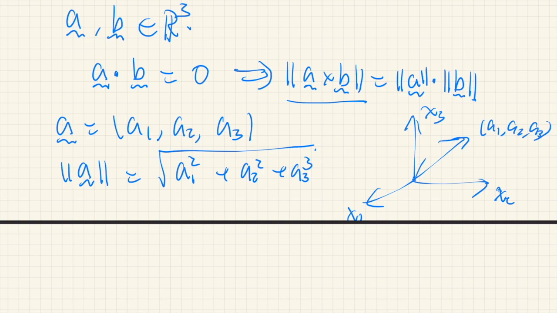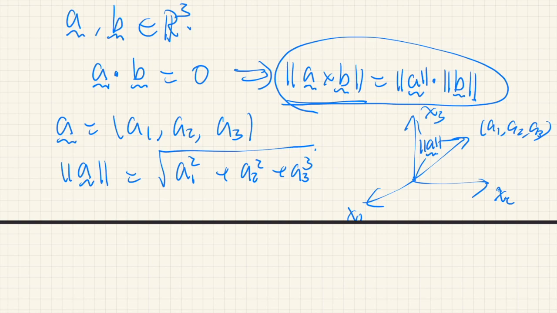This length is the norm of the vector. Actually, it is straightforward to show this lemma by direct calculation, but it can be quite complicated and tedious. So we need some trick.